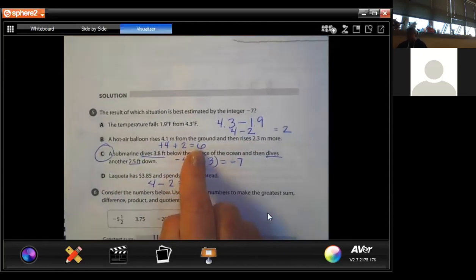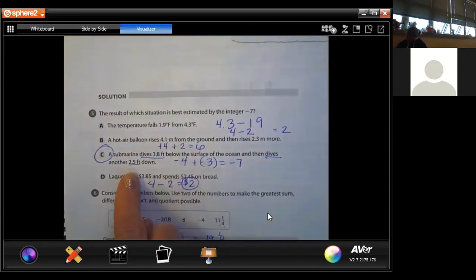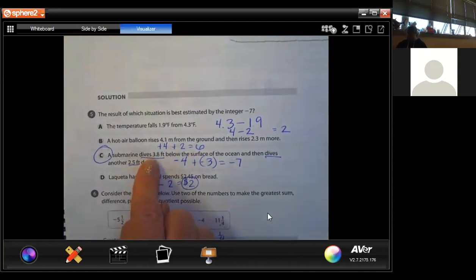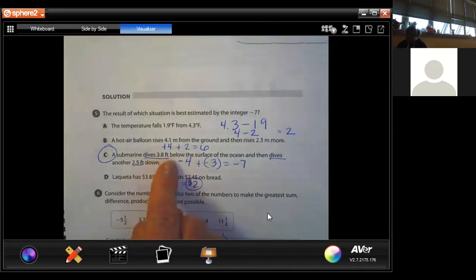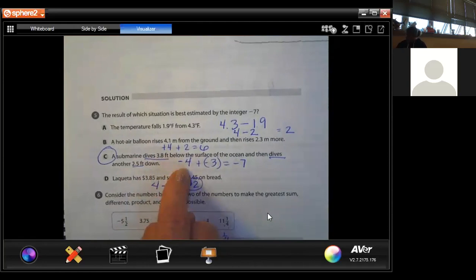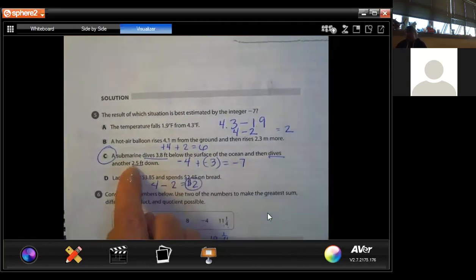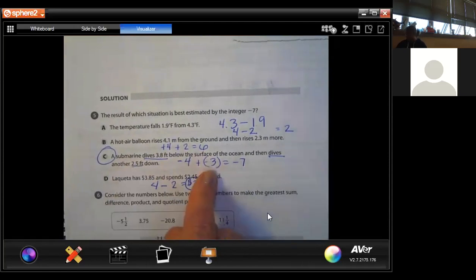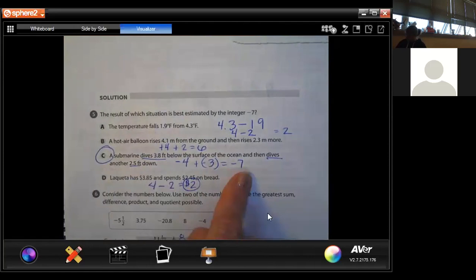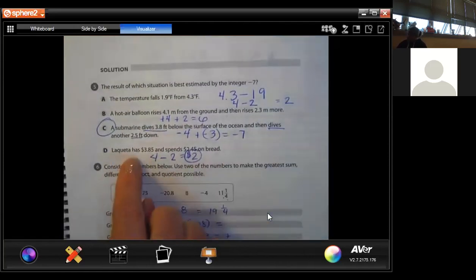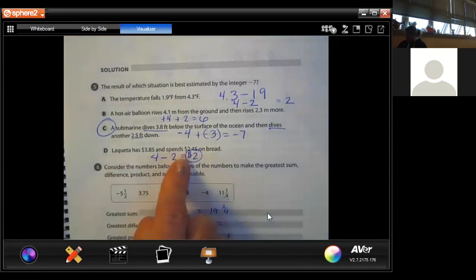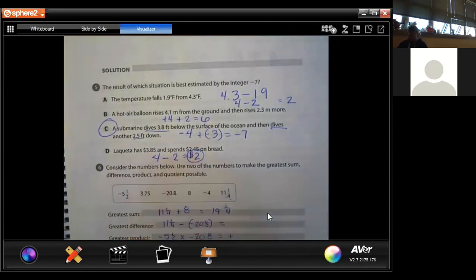So that's a total of 6. C, a submarine dives 3 8/10 feet below, so that's about negative 4. Then it dives, so that's going down still, another 2.5 feet, so that's about negative 3. Winner, winner, chicken dinner. That's about negative 7. Lakita has about $4, and she spends $2.45, so that's minus, so it comes out to be $2.